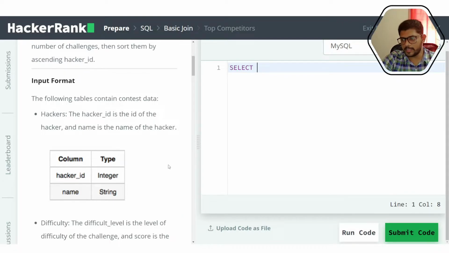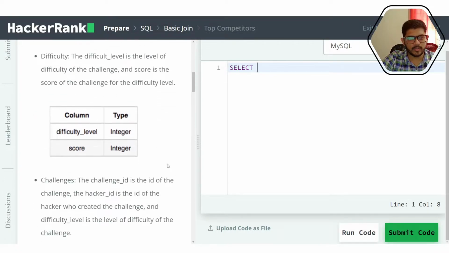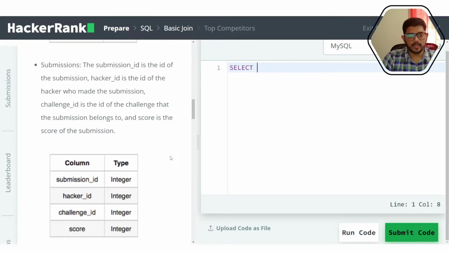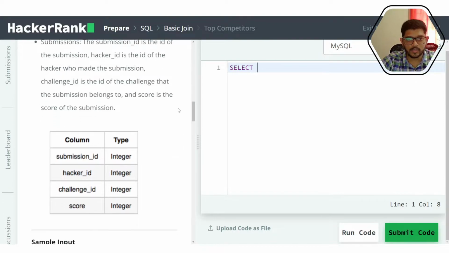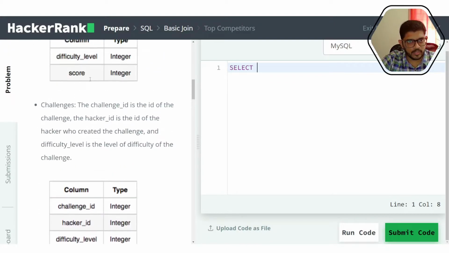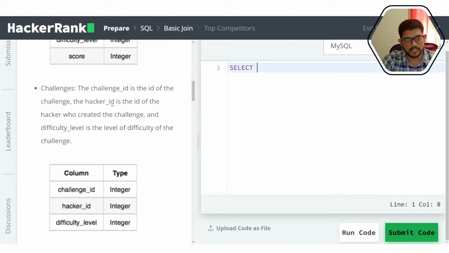You see, of all these tables, the most important table is the submissions table, because this table is going to act like the joining table, because this table is referring to other tables. Sorry, it's not referring to all of the previous tables. It's not referring to the difficulty table, but it's referring to other tables. I'll explain that difficulty table part later.